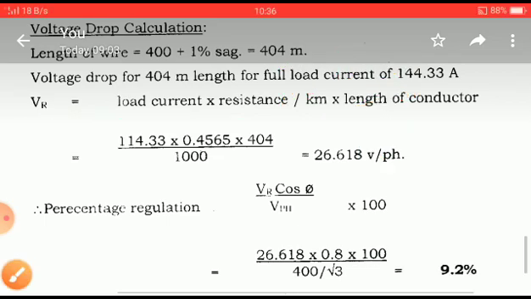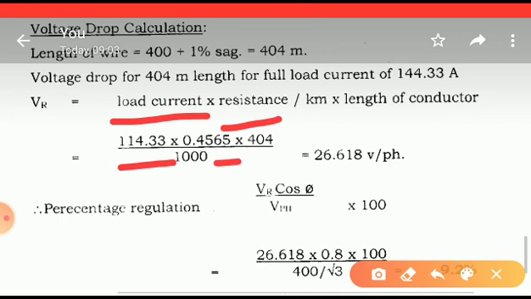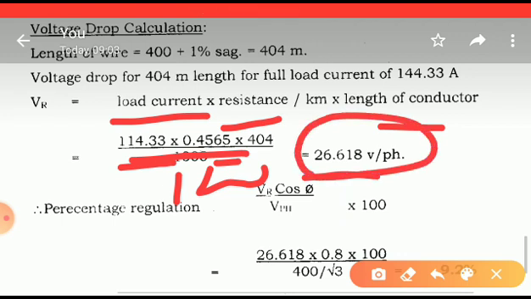The current of this load is 114.33, the resistance is 0.4556 and the total length is 404 by 1000. So we are getting the voltage drop 26.618 volt per phase.